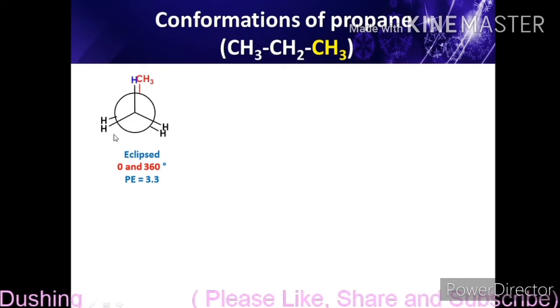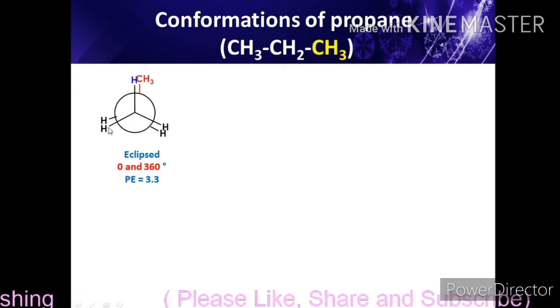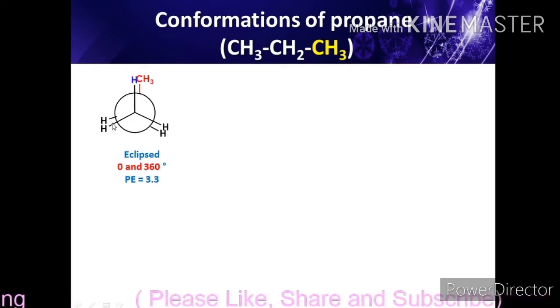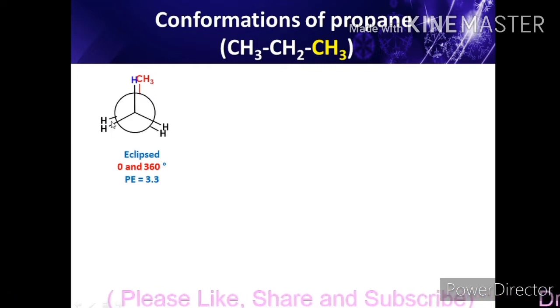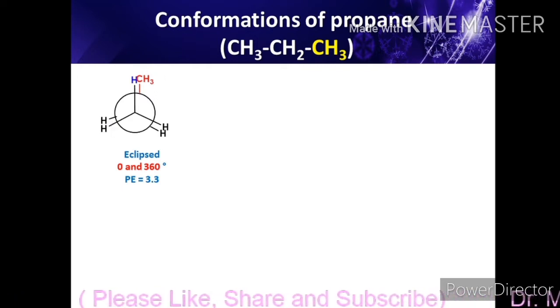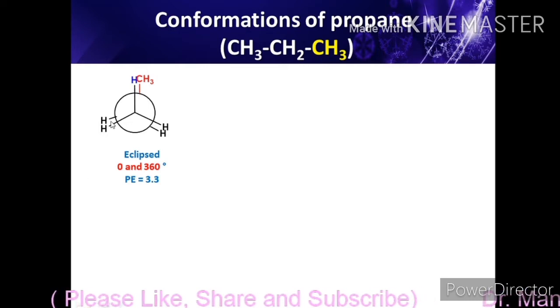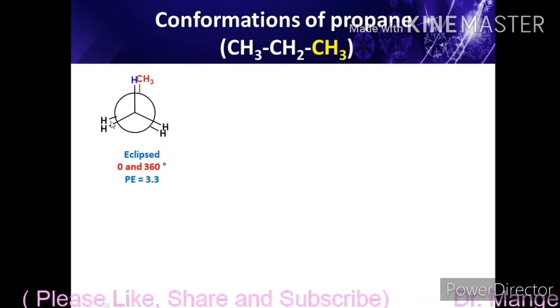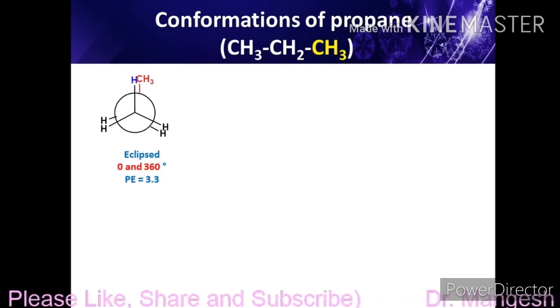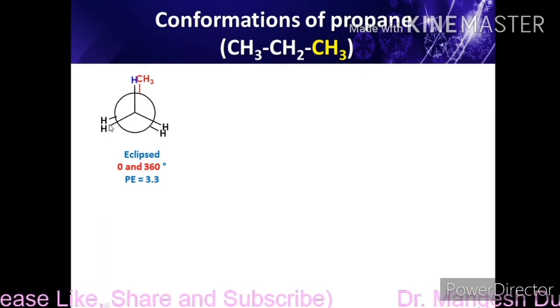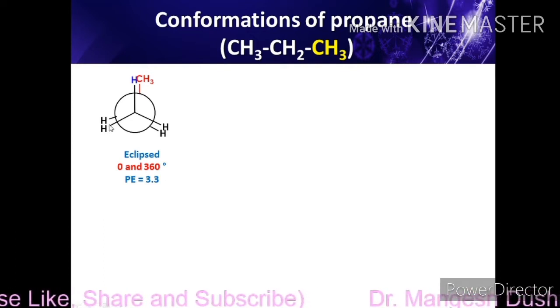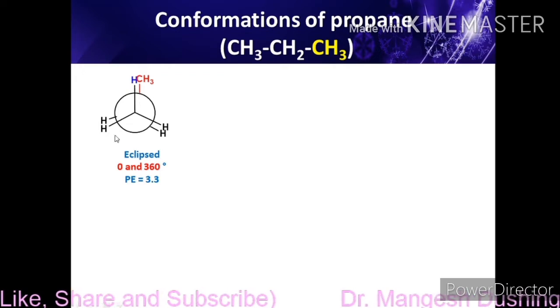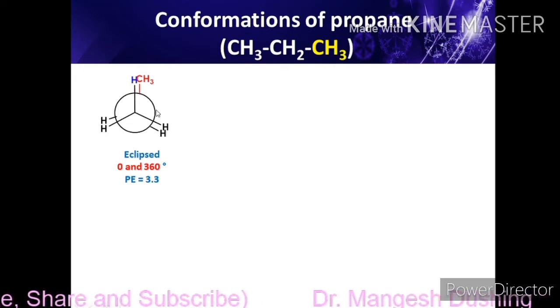In last video, we saw how to calculate the relative potential energies. Because these two bonds are parallel to each other, there will be torsional strain. The torsional strain is considered as 1 kilocalorie per mole. So for hydrogen eclipsed, the energy rises around 1.0 kilocalorie per mole. So this energy is 1. This is also 1.